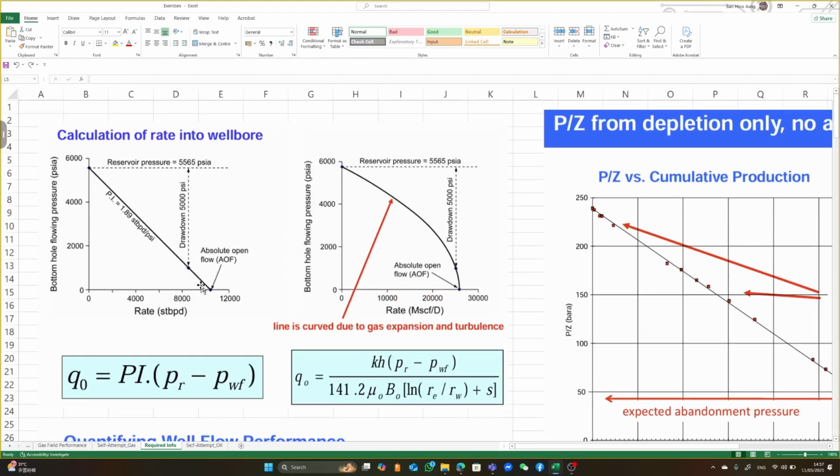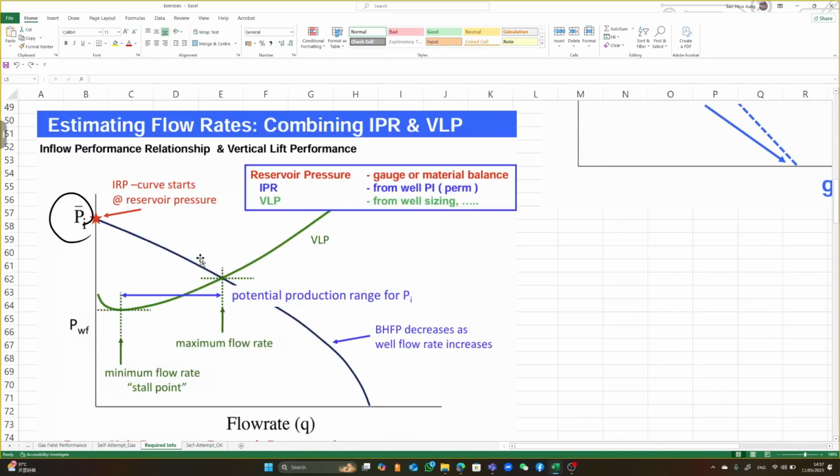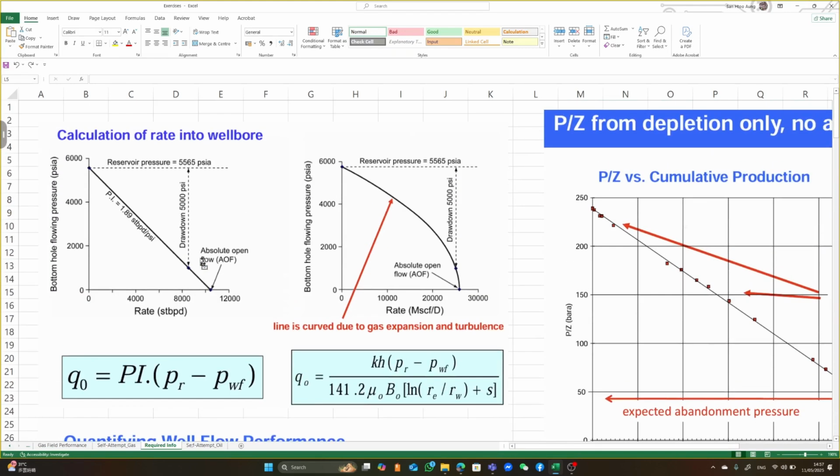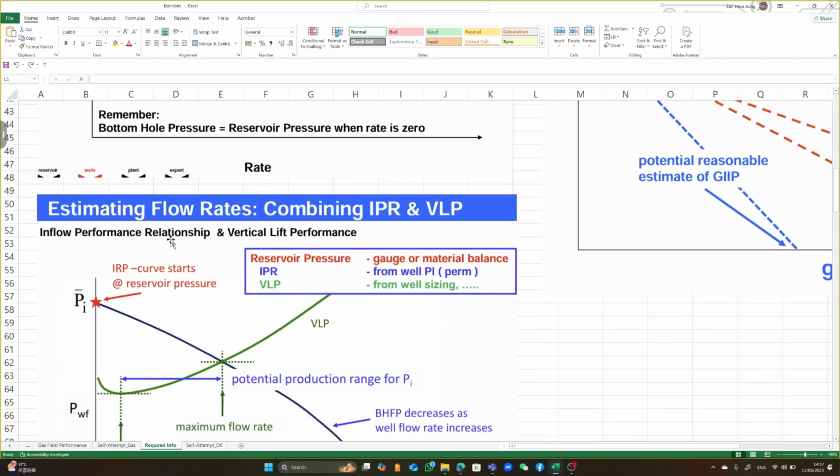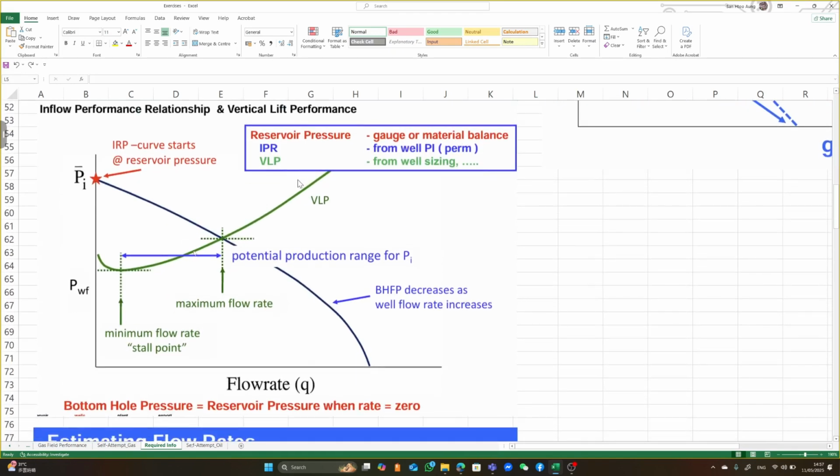Okay, I must remove the circles. Yeah. So what's going to happen is we have the vertical lift performance curve, which is the green curve over here, and we also have the bottom hole flowing pressure decreasing profile. This is called IPR, which is the inflow performance curve.